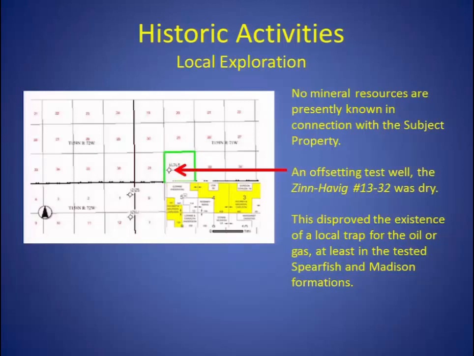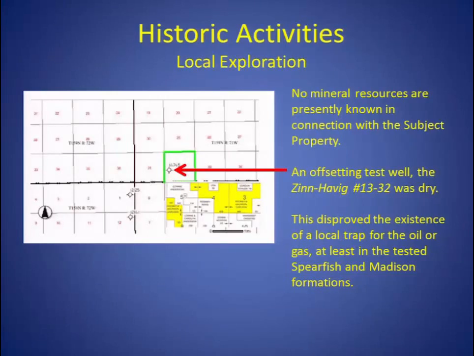It was found to be dry, at least with technology as of that time. And so that basically disproved the existence of a local trap right in this area, at least in what they did test, namely the Spearfish and the Madison formations. The Bakken itself as a reservoir was not considered at that time.